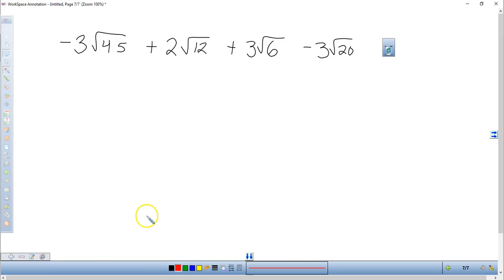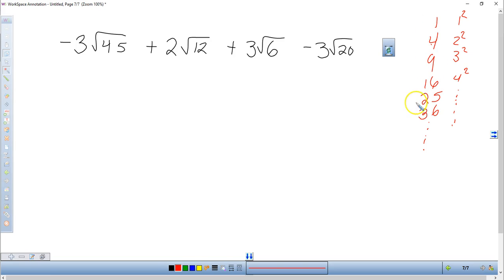45. I want to know what perfect square, remember we do have perfect squares that we've talked about before. 1, 4, 9, 16, 25, 36, and so on. Remember, all we're doing is 1 squared, and then 2 squared, and then 3 squared, 4 squared, on down.